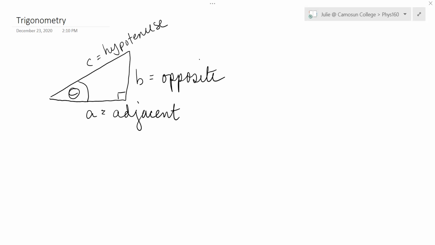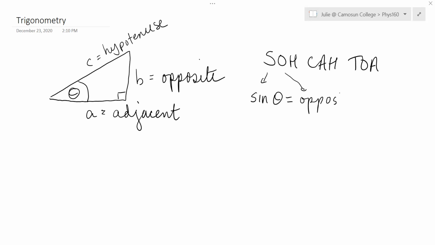Now, the sine, cosine, and tangent, which you may have learned from before, the SOHCAHTOA, which is a way to remember that the sine of the angle is the opposite side divided by the hypotenuse.